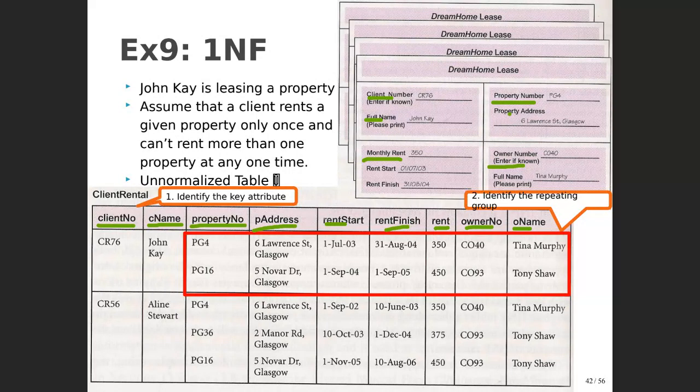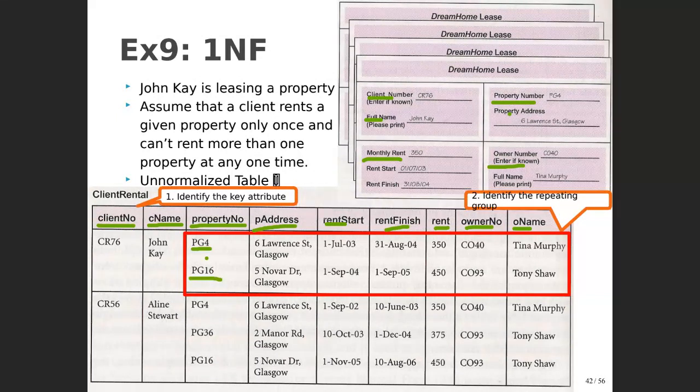So all of this data will be inserted. For example, for client number CR76, who is John K, let's say PG4, and maybe he's viewing PG4 and PG16.